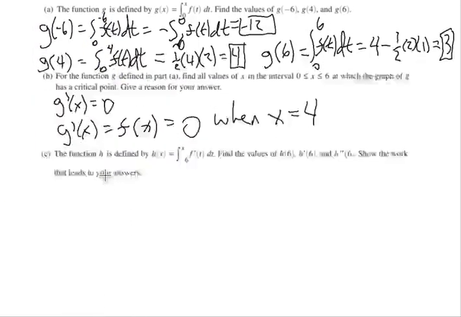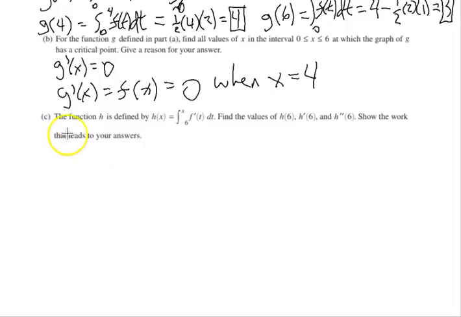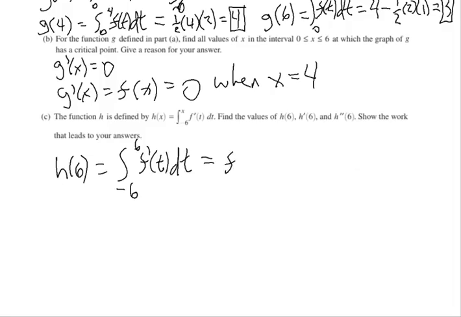Part C says the function h is defined by h of x equals the definite integral from -6 to x of f prime of t dt. Find the values of h of 6, h prime of 6, and h double prime of 6. Show your work. So h of 6 is going to be the integral from -6 to 6 of f prime of t dt, which is f of 6 minus f of -6.